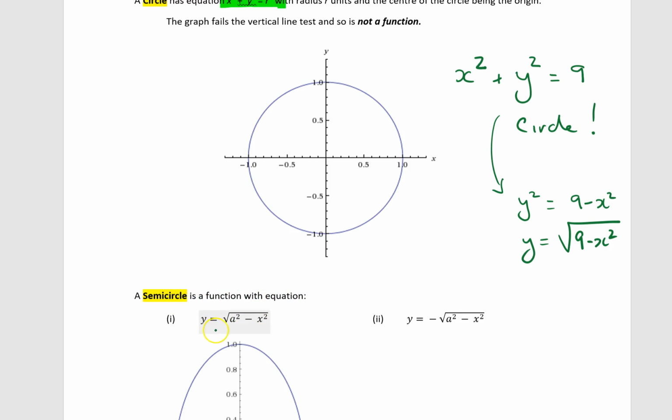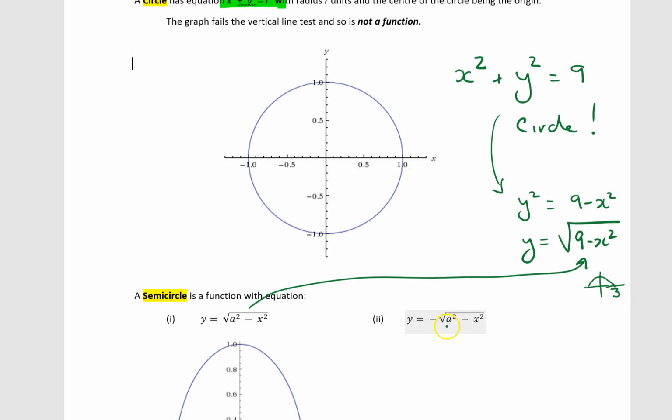So we could have y is the square root of a minus x squared, with a being some constant. An example is if a is equal to 3, then you would have the top half of the circle, radius 3, not 9, radius 3.